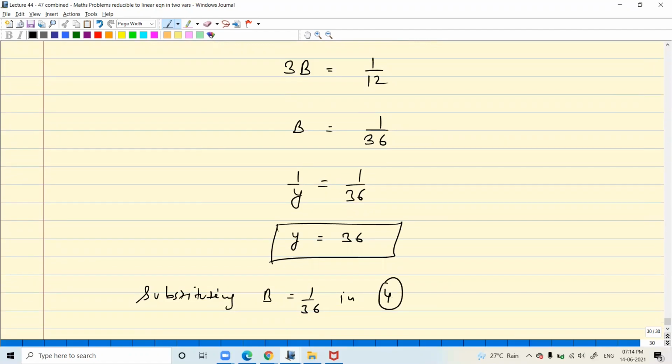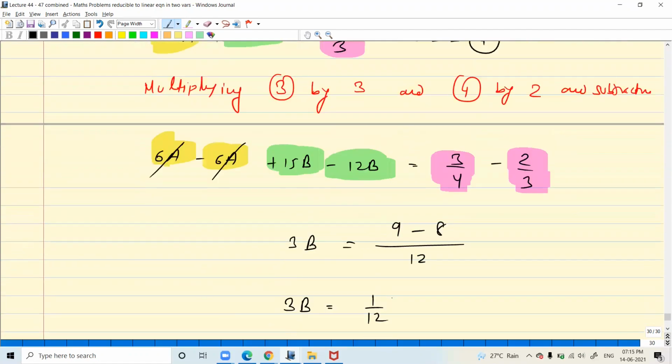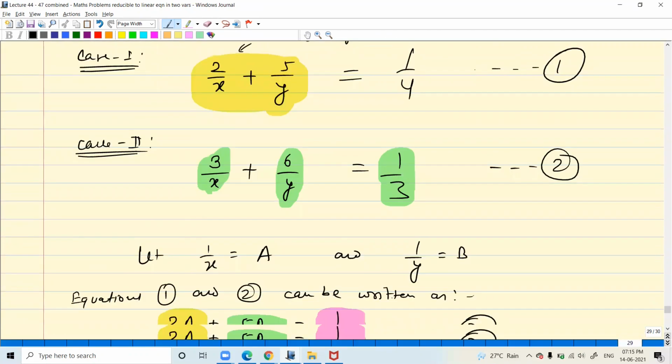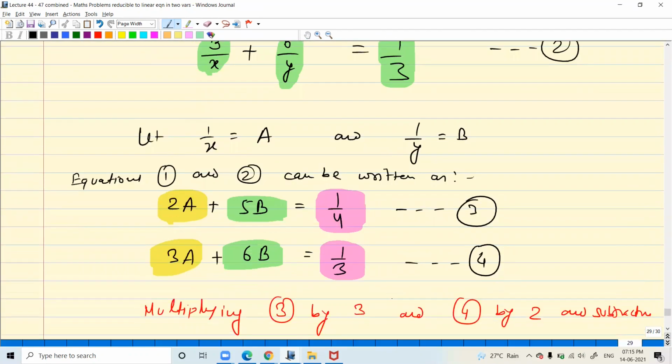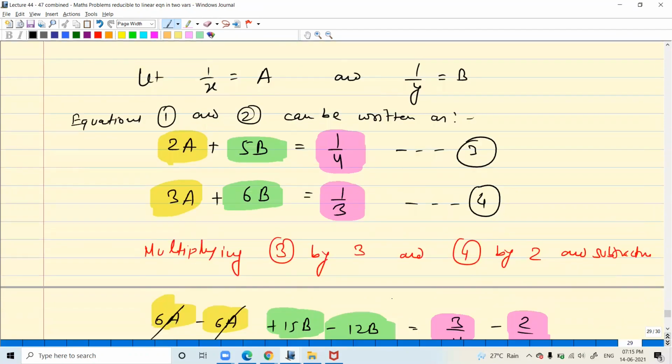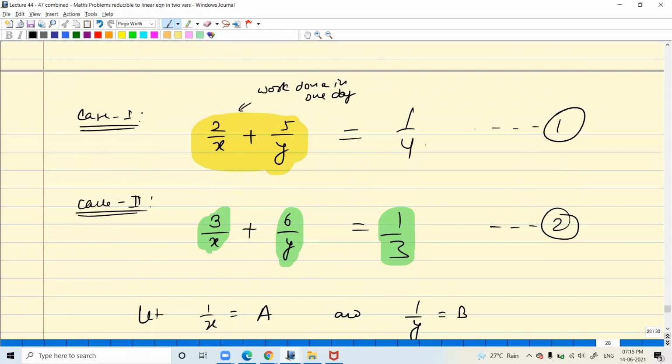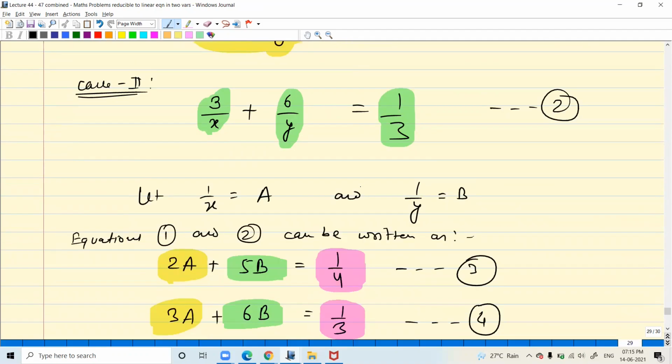Sir, we are getting the answer in hours, no, sir? No, days, right? We had assumed days only. Yes, sir, but how come 36 days? 2 women and 5 men were completing the work in 4 days. So if only one man is working, don't you think it will take more than 4 days? Understood, sir.